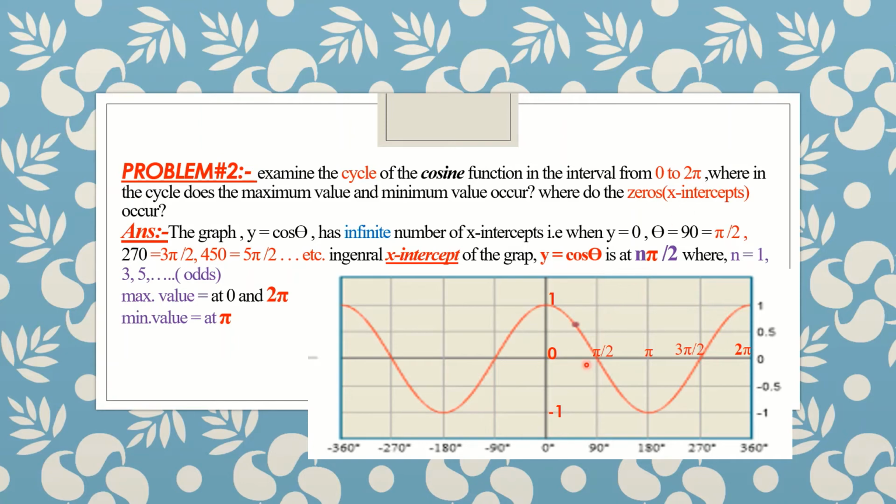So the maximum of the graph will be obtained at 0 and at 2 pi, because the graph attains value 1 at those points. The minimum value is at pi, which means the graph will attain the minimum value, negative 1, at pi only between 0 and 2 pi. If you continue, of course there are other points where the graph can attain the minimum value.